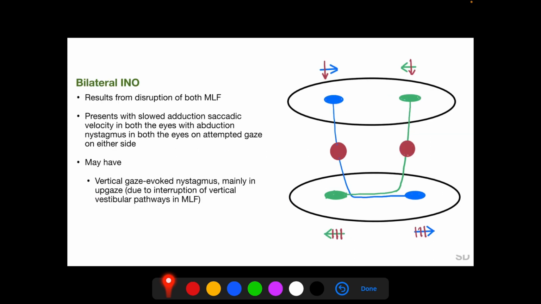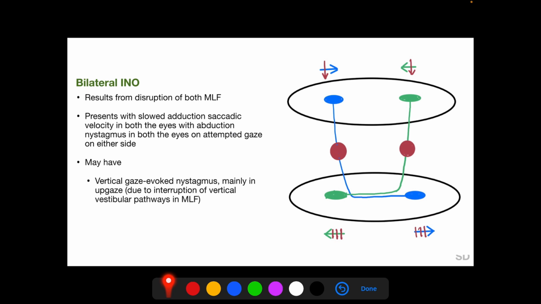In a bilateral INO, there is disruption of both the medial longitudinal fasciculi. So there is a slow adduction saccadic velocity of both the eyes and an abduction nystagmus of both the eyes. So when the patient attempts to look towards the right, there will be a slowed adduction saccadic velocity of the left eye and an abduction nystagmus of the right eye, and when the patient attempts to look towards the left side, there will be a slowed adduction saccadic velocity of the right eye and an abduction nystagmus of the left eye.